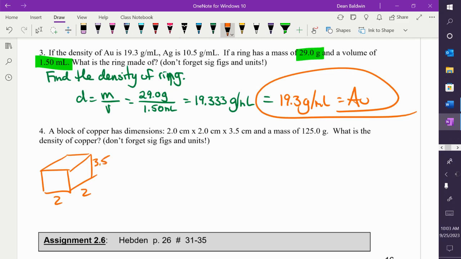How do you find the volume of a cube? Just multiply length times width times height, right? So its volume is going to be length times width times height, which is 2.0 centimeters, 2.0 centimeters, and 3.5 centimeters. I mean, they essentially wrote it out for you.